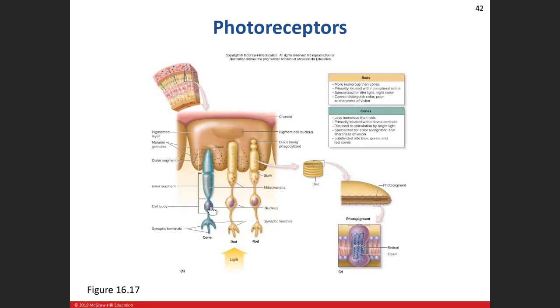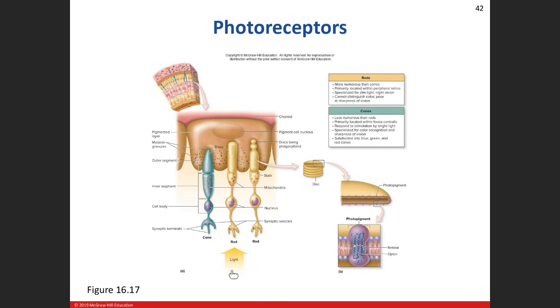Then we have our cell body, and then at the far end is where we're going to see our synaptic terminals that are filled with neurotransmitter, synaptic vesicles, because it's these structures that our photoreceptors are going to synapse on the bipolar cells, and some of the horizontal cells. We're going to see synapses down here.